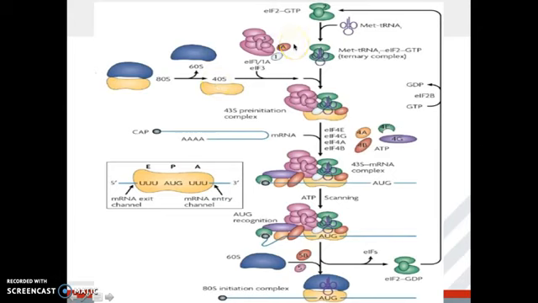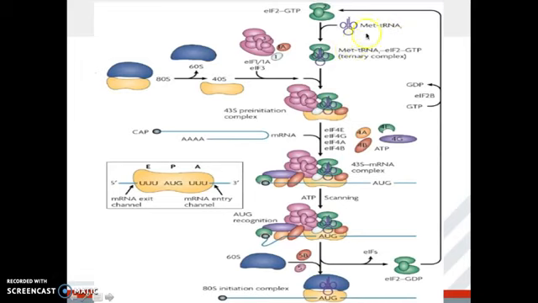Next, for translation, we have the methionine tRNA initiator, or Met-tRNAi. This methionine tRNA initiator is very specific: it is the one responsible as the first amino acid that binds to the start codon of the mRNA.